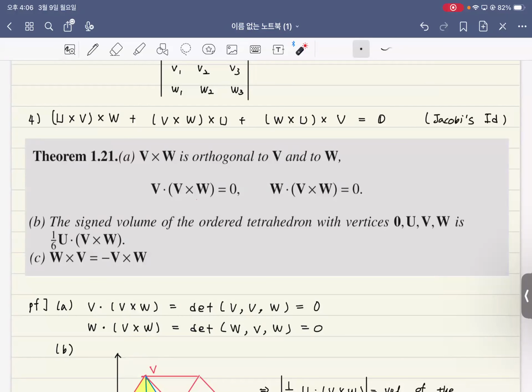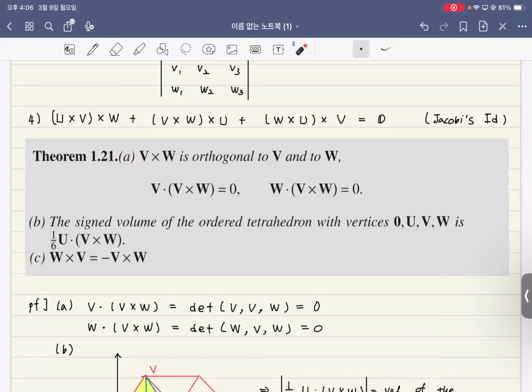U cross V cross W is minus V cross W cross U, minus W cross U cross V. So this is the Jacobi identity. But if I change the order, then this is going to be plus U cross V cross W, right? So this is my version of the Jacobi identity.